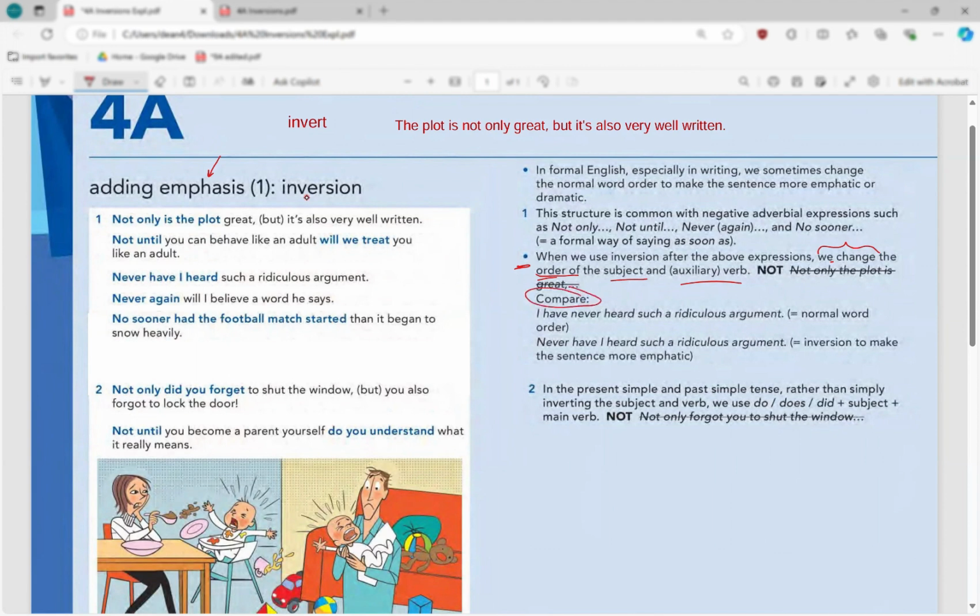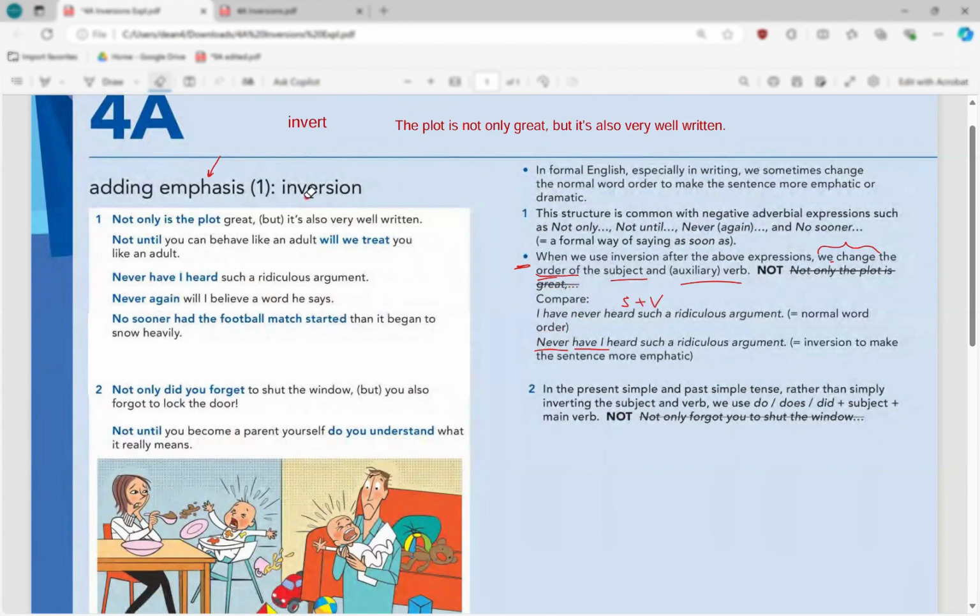The comparison here: I have never had. You see, I is the subject, have had is the verb. So the subject is coming before the verb here, obviously. But what about never? Look, when I put never at the beginning, then I should invert, have before I. See, have I. Can you see that, guys?